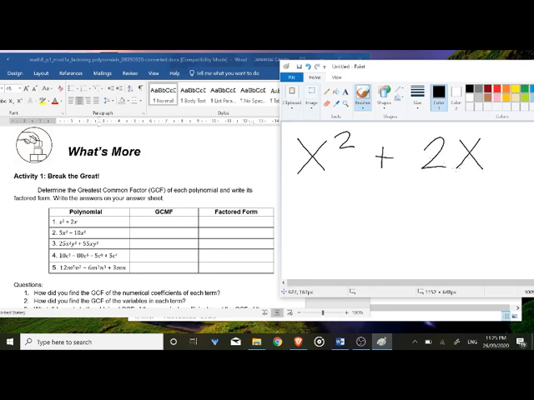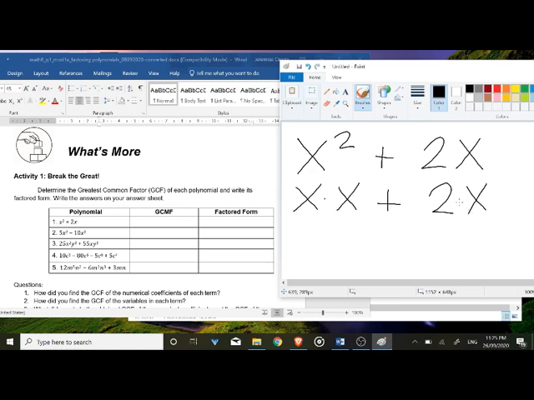Expand po natin itong first term at saka second term into factored form para makita natin ang common factors nila. x squared means x times x. 2x is still 2x, that's 2 times x.